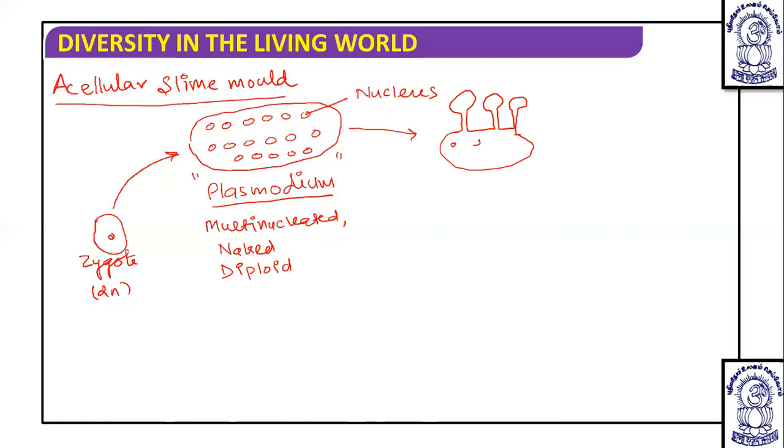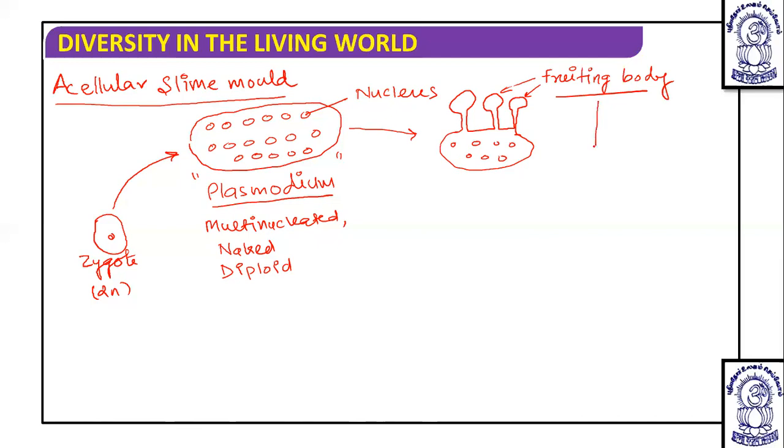This is a plasmodium, over which the fruiting body is formed. Within the fruiting body, spores are produced.